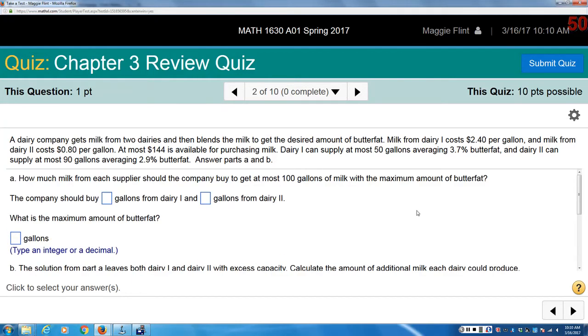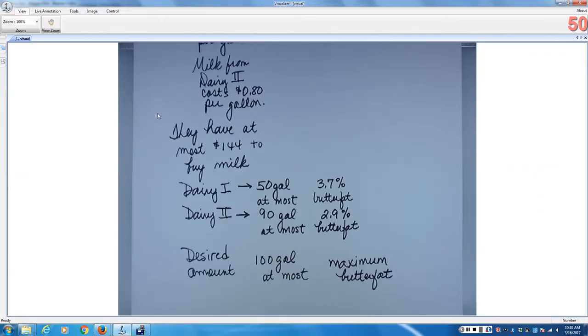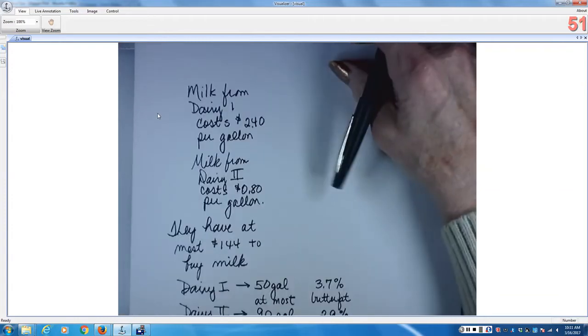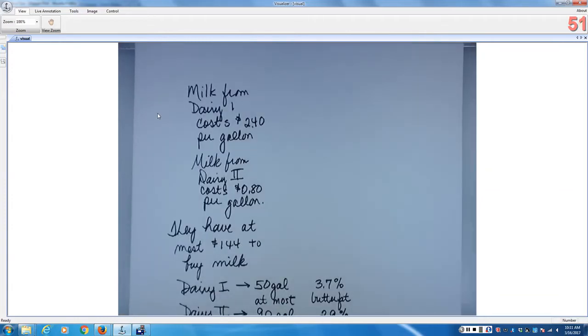So let's see. We've got all the information we need. Let's see what we can do about solving this thing, because the main thing here is to translate. Okay. We have two dairies. The quantity from each dairy is the unknown.